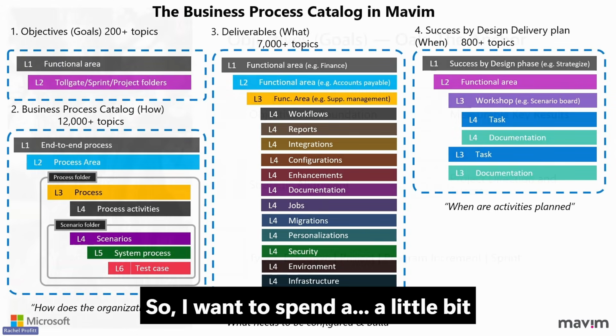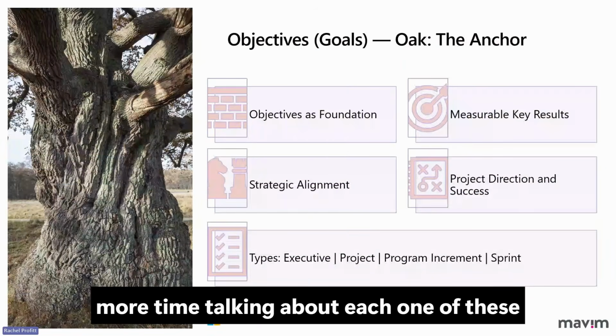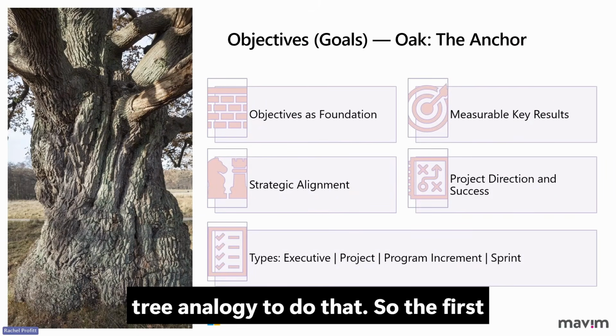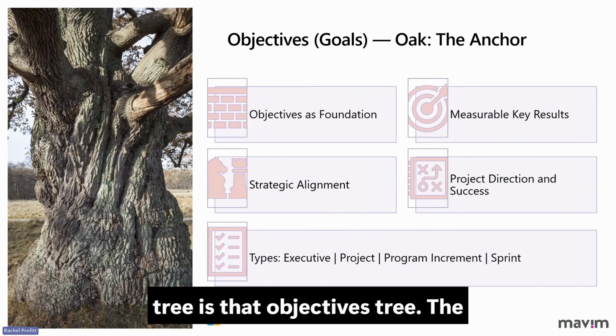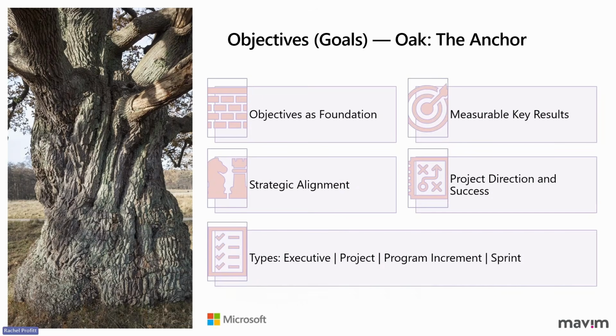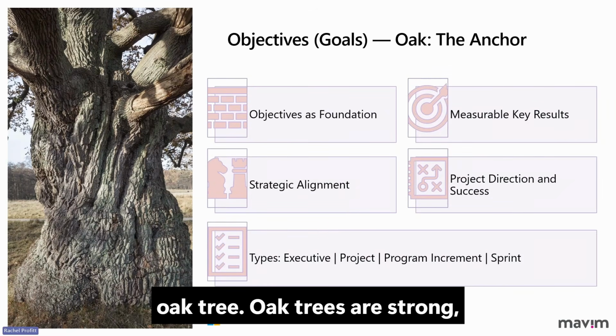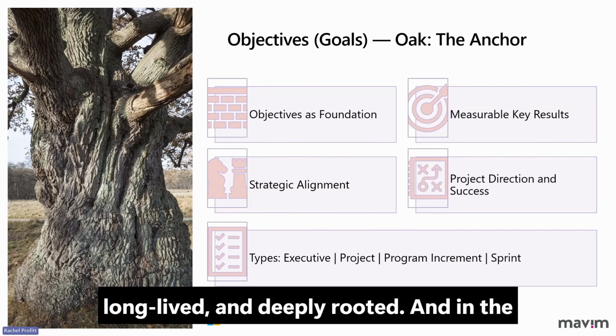So I want to spend a little bit more time talking about each one of these trees. And we're going to use an actual tree analogy to do that. So the first tree is that objectives tree. The analogy that we like to use here is the oak tree. Oak trees are strong, long-lived, and deeply rooted.